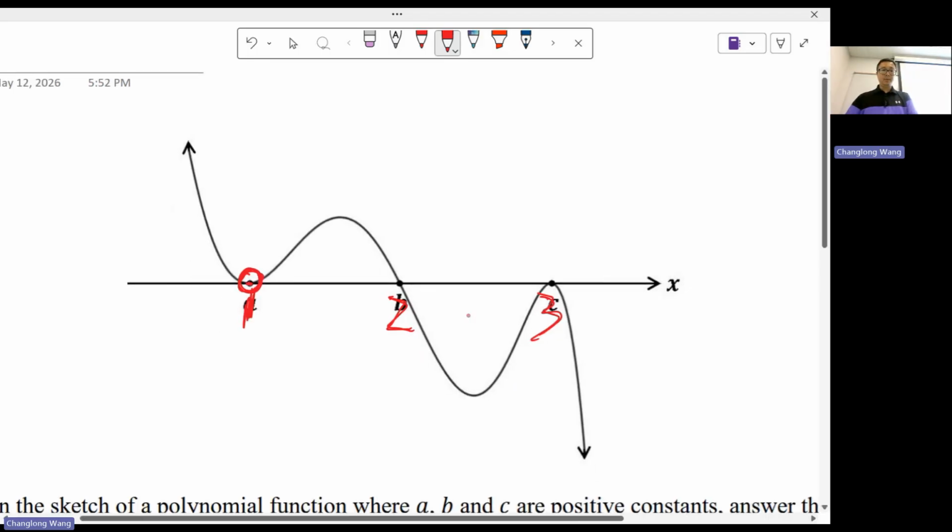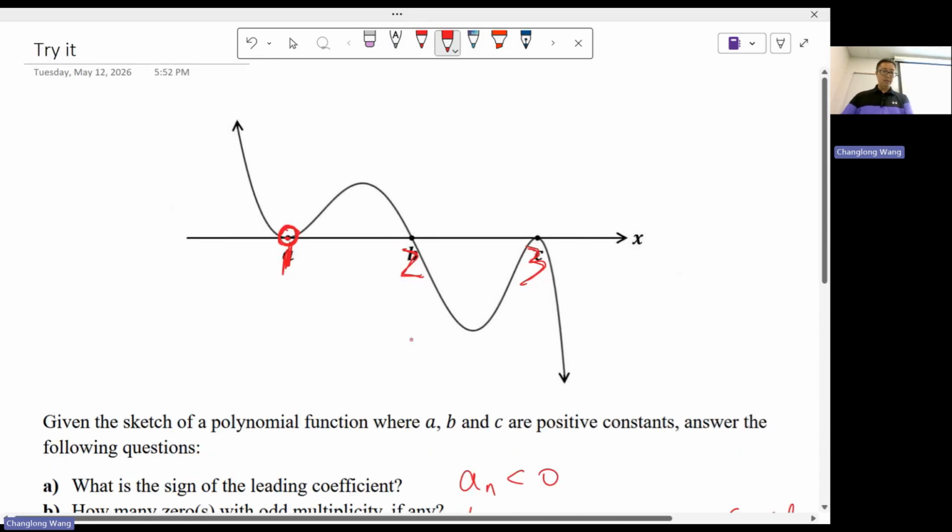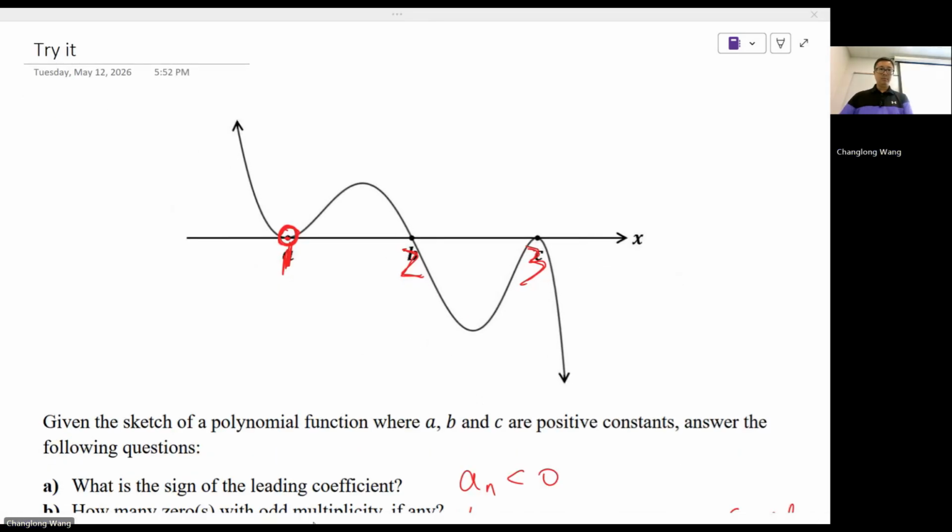And the best way to probably see it is, again, using some easy functions. All right, so let me show you at the intercepts how the graph is going to get narrower or flatter due to the multiplicity.